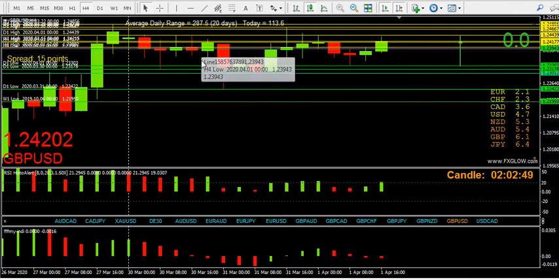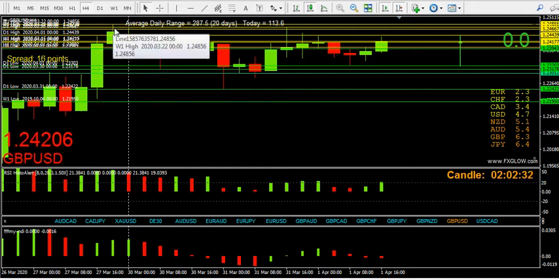We haven't reversed to the upside, and we haven't reversed to the downside. By that I mean we needed to close high, low, lower, high, lower, low. We needed to close above that, and we haven't. And low, high, higher, low, higher, high. We needed to close below that for shorts, and we haven't done that either. So we're clearly in a range on this cable chart at the moment.